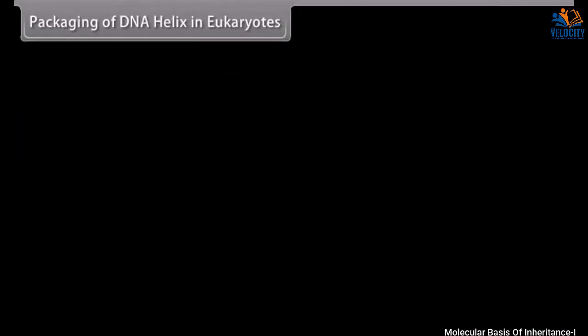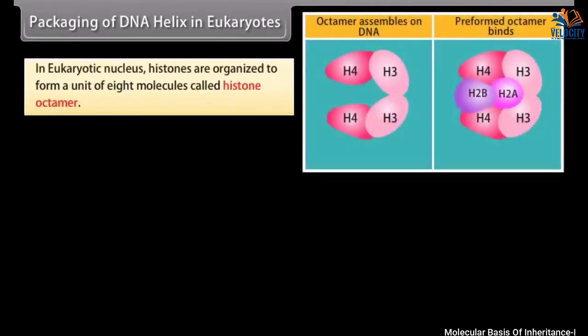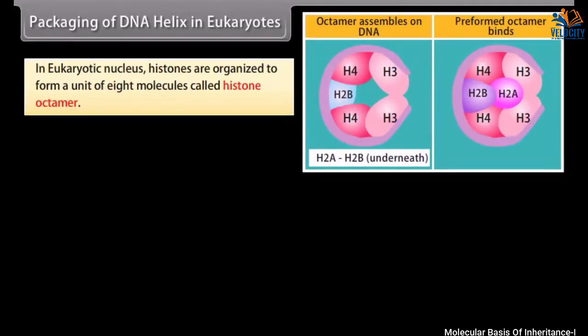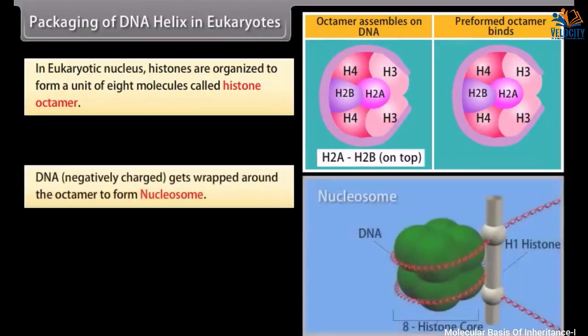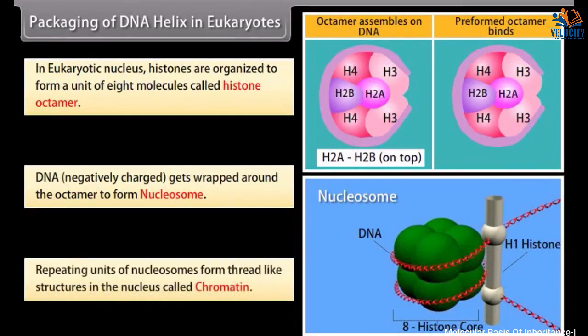Packaging of DNA helix in eukaryotes. In eukaryotic nucleus, histones are organized to form a unit of 8 molecules called histone octamer. DNA, being negatively charged, gets wrapped around the octamer to form nucleosome. Repeating units of nucleosomes form thread-like structures in the nucleus called chromatin.